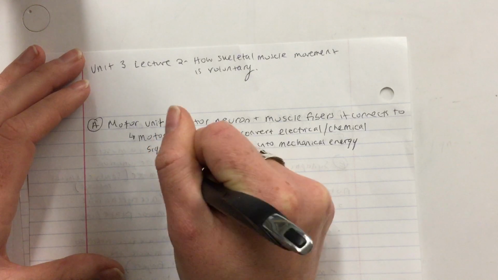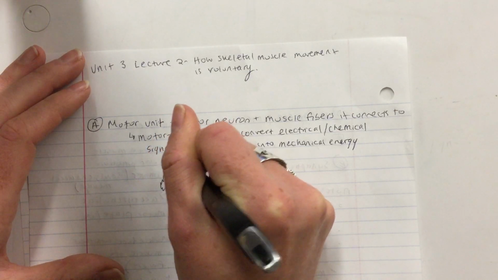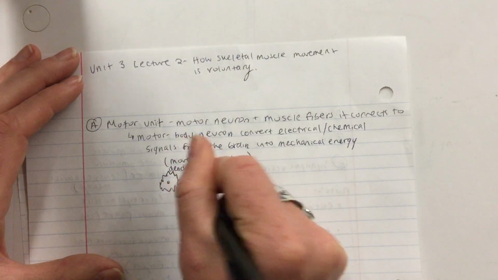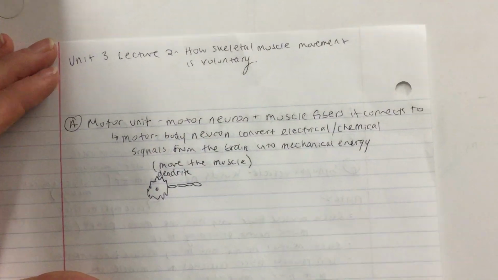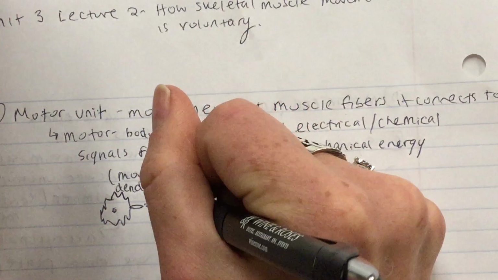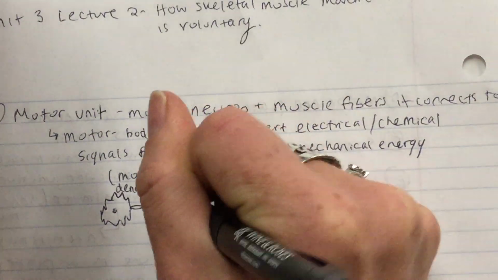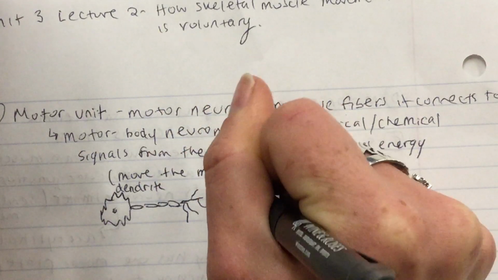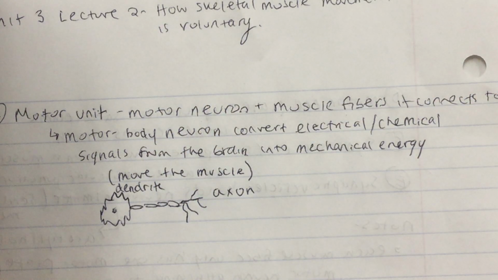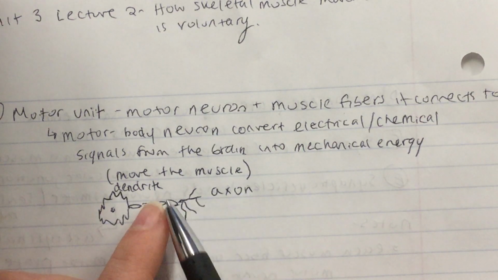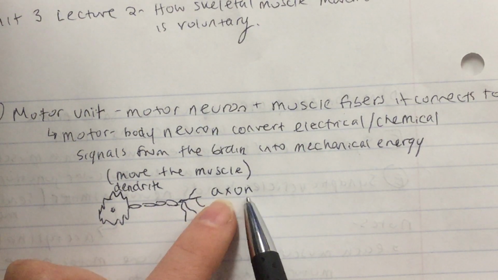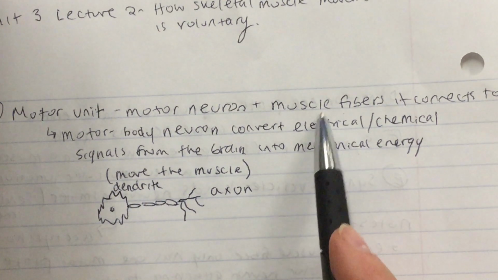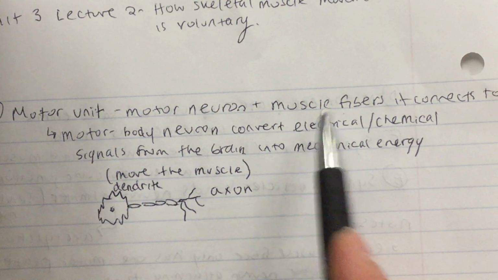And so they have this dendrite piece to them, where they receive a signal, and then they send that signal down this piece called the myelin sheath, all the way to the axon. And the axon has just a bunch of antennae-like branches. And so what we're going to do is zoom in on this axon terminal, because the axon is the distal tip of the neuron, which is going to connect to the muscle fibers of a muscle.